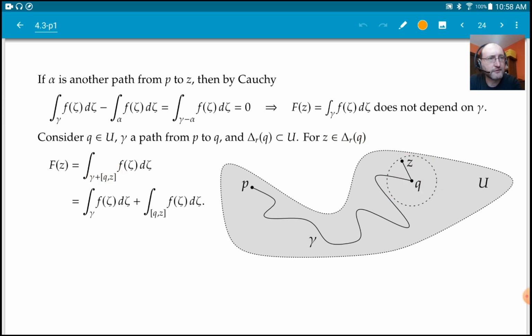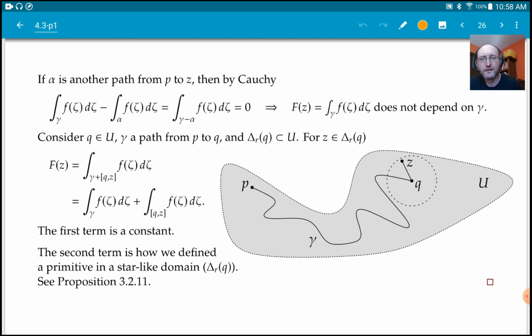Now we can rewrite this, right? We can write it as the integral over gamma plus the integral over this straight line segment, right? And the first term, that's constant, right? As z moves in this disk.